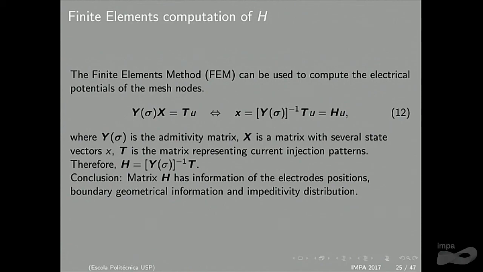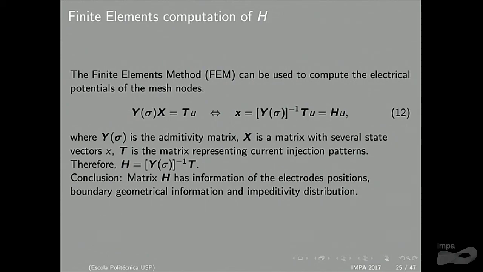And so we can see here the equation of finite elements. X is the electric potential in the finite element mesh, and U is the current excitation, and Y is the conductivity matrix. The inverse of Y creates a relationship between electrical potential, or the state, and U, the excitation in current. And all of this is called the H matrix.